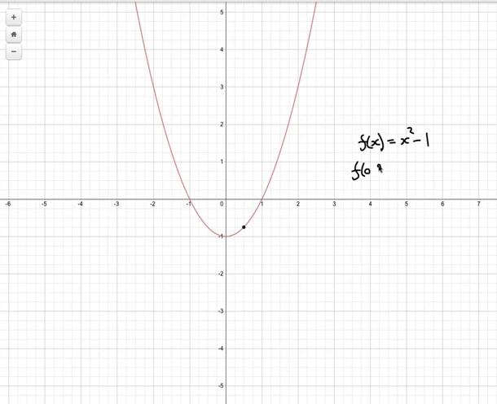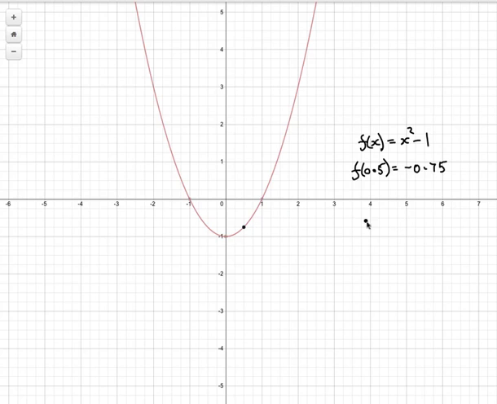If I put 0.5 into this function, do the calculation, 0.5 squared is 0.25, take away 1, you get minus 0.75. And then look again at this point. The coordinates of this point, 0.5, negative 0.75.